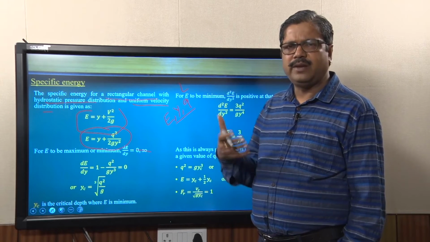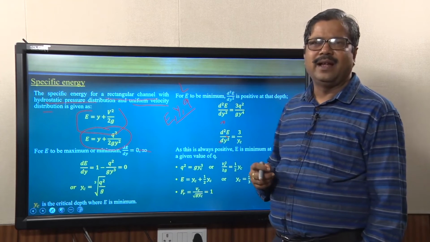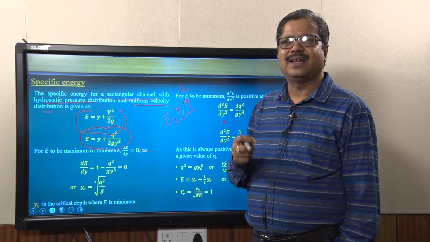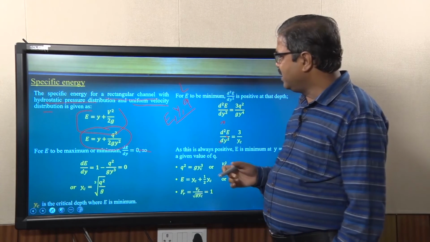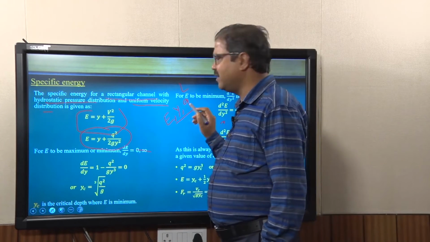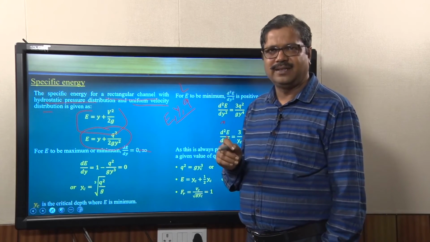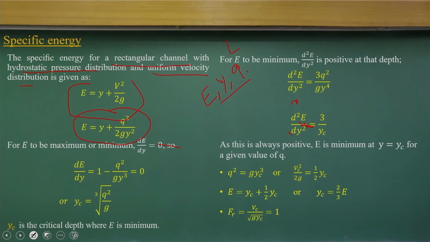Basically, we are looking at which location will have minimum specific energy. That is very simple. We know E is a function of y and Q. If I consider Q to be a constant, at what y depth should E be minimum?